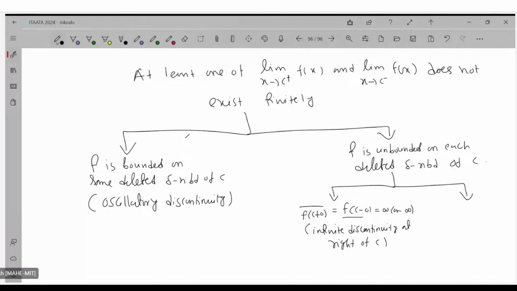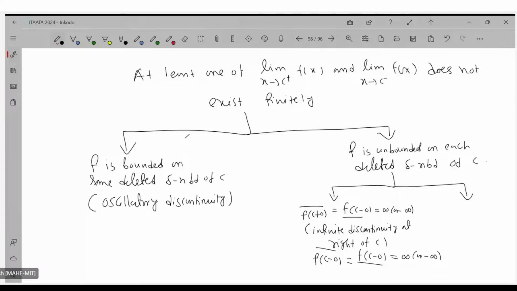And similarly, for f(C-0), both are equal, and either it is equal to infinity or minus infinity, then we have infinite discontinuity at the left of C.